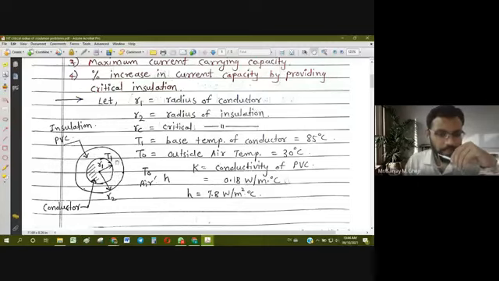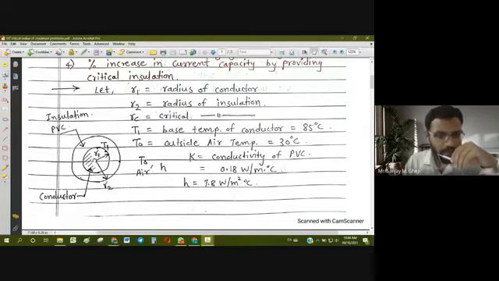This layer is of insulation, of PVC material. So the inner radius, or r1, is the radius of the conductor. Now see, this is a solid cylinder, so there is no inner and outer; there is no hole inside.